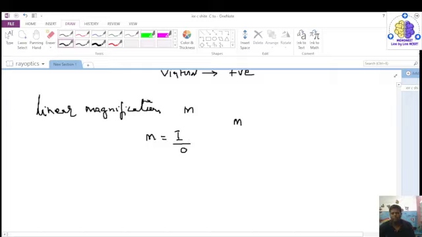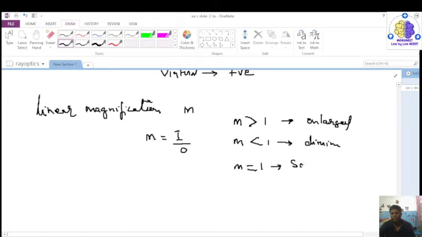Now, if linear magnification comes greater than 1, then the image formed is enlarged, right? If linear magnification comes less than 1, then the image formed is diminished, right? When m comes equal to 1, then the image formed is of the same size, right?